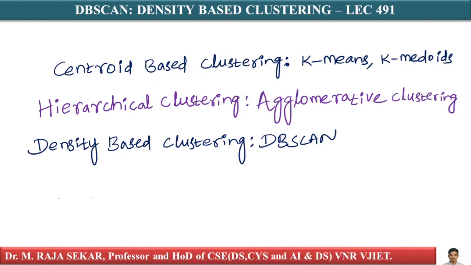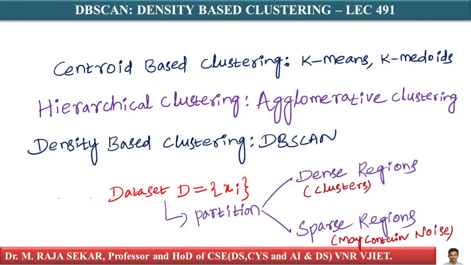So the core philosophy of density based clustering is this: given a data set of points capital D equal to xi, you want to partition these points into dense regions, which you call clusters.